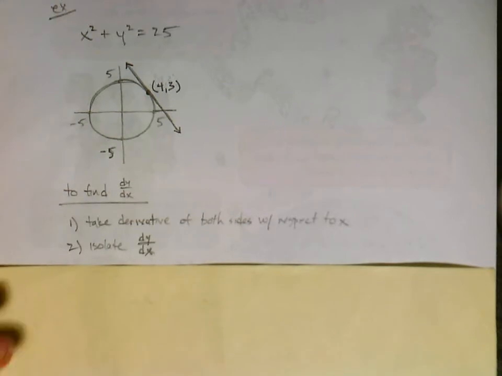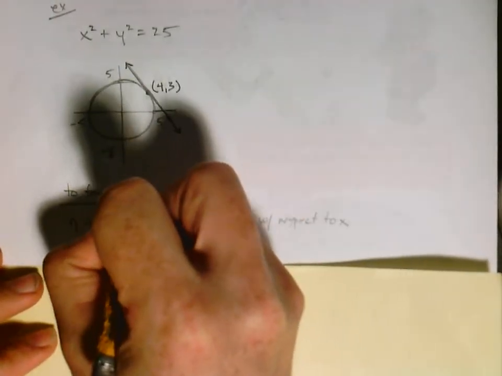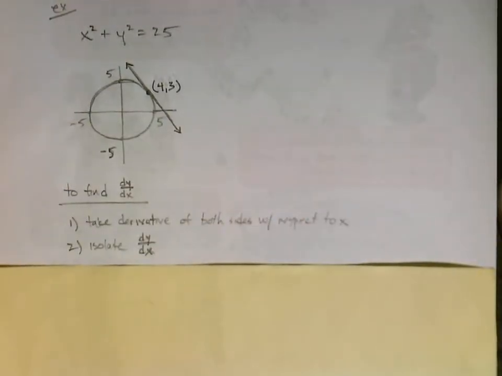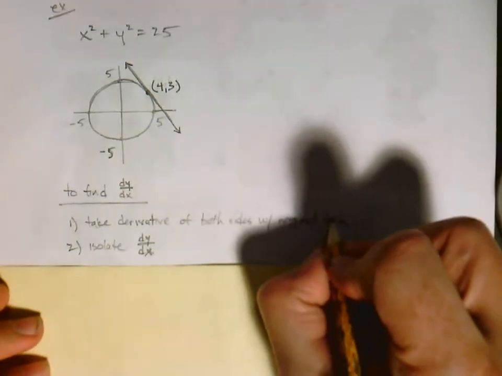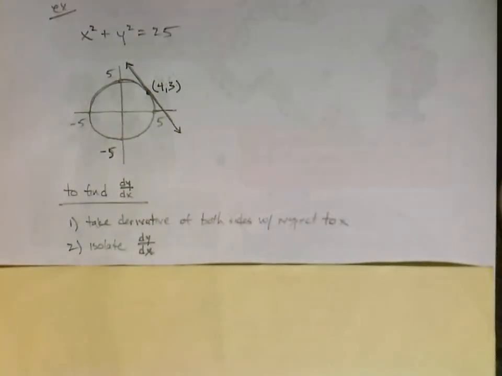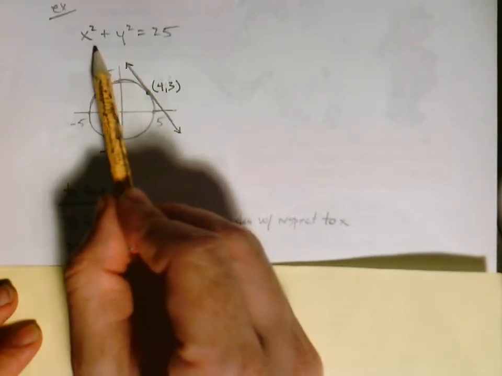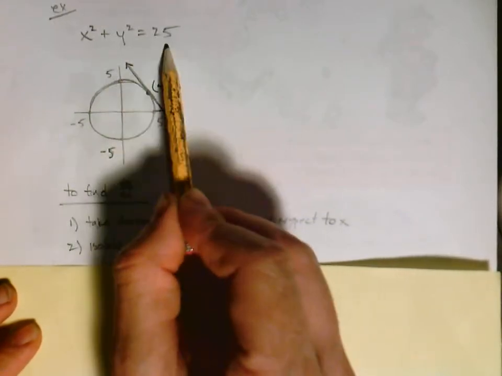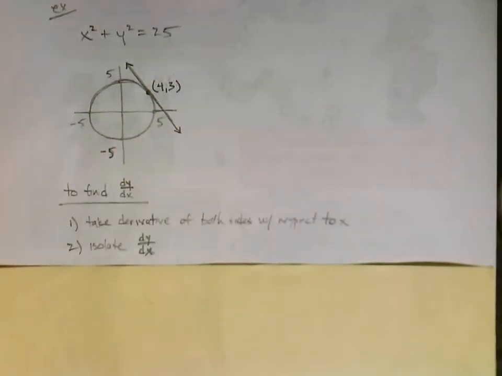To find dy over dx, two steps. Take the derivative of both sides with respect to x. So there'll be a left side and a right side. So we'll take the derivative of both sides with respect to x.